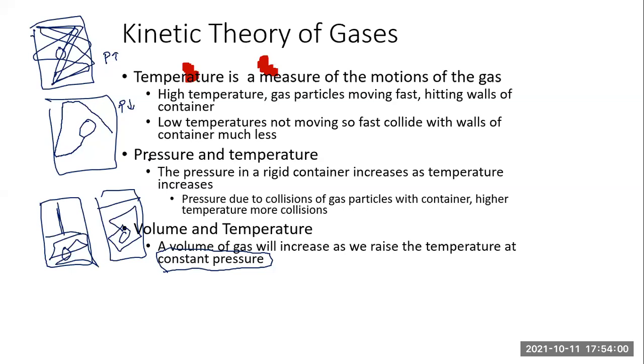And that would also keep the pressure constant, and vice versa. If it gets really low in temperature, the volume is going to crush down on those gas molecules. And even though they're moving a lot slower, it will still keep the rate of collisions happening at the same rate, and thus keep the pressure constant.